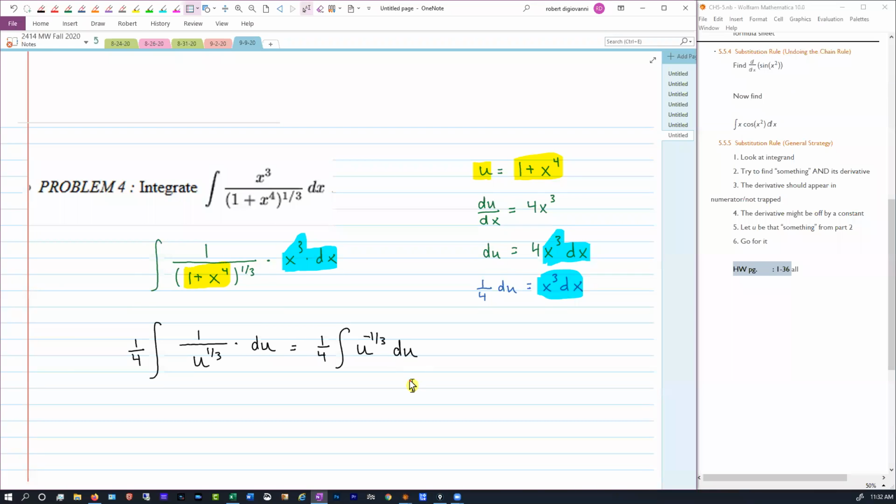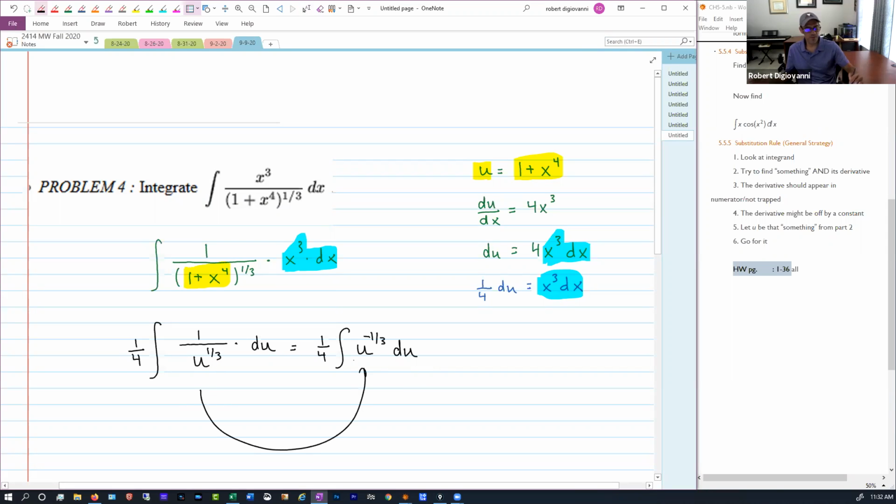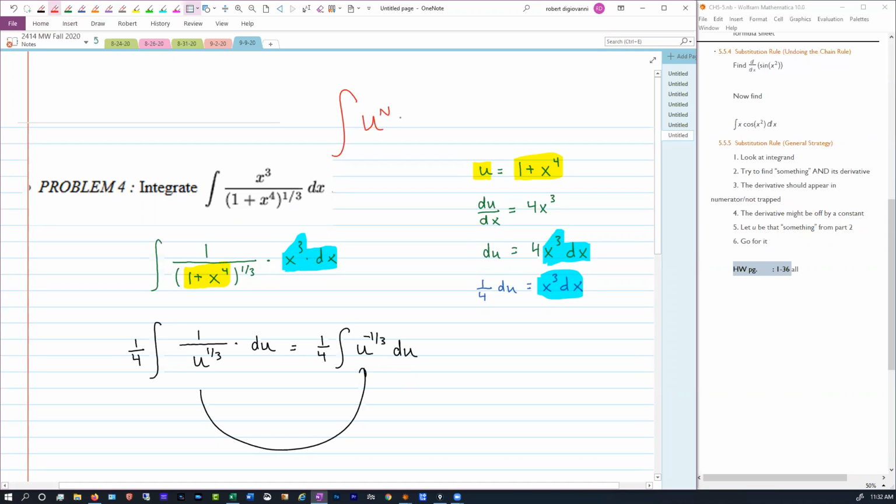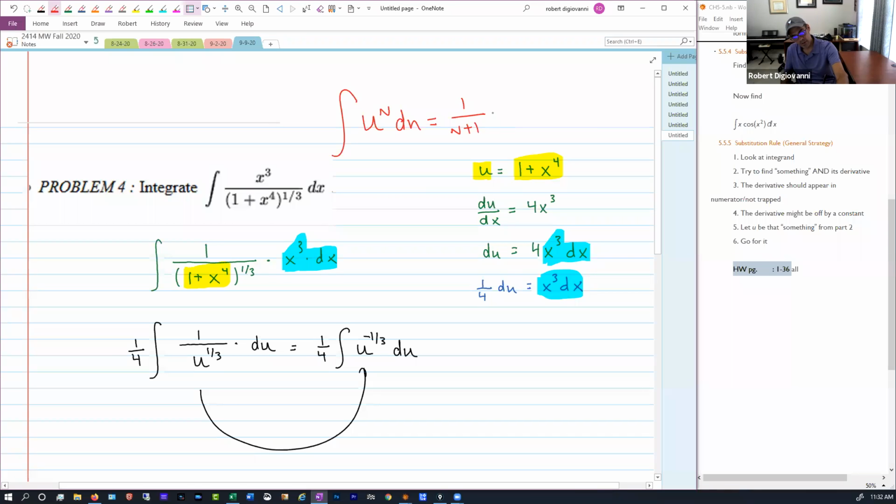Wait, can you say it again? So this step from here to here, what I did was just algebraically move the u up to the top, which makes the exponent negative, right? But now you can use the power rule, that rule that I mentioned earlier. Antiderivative of u to the n, du equals 1 over n plus 1, u to the n plus 1 plus some constant.